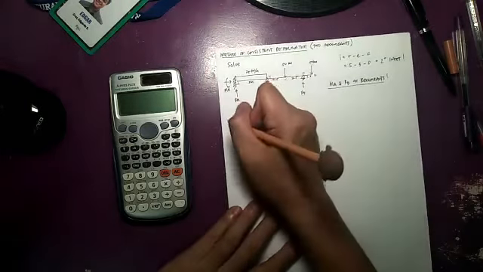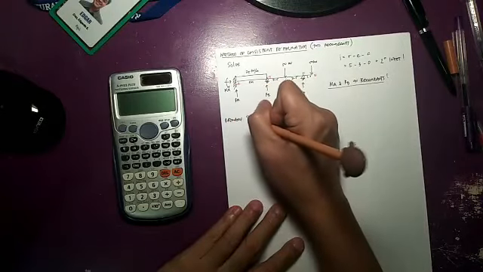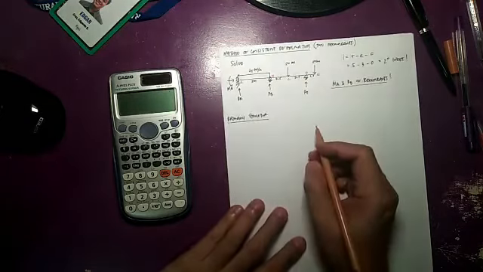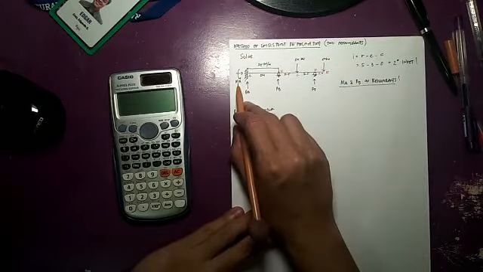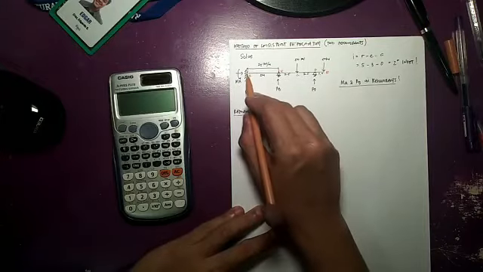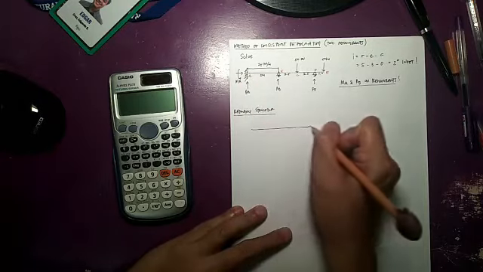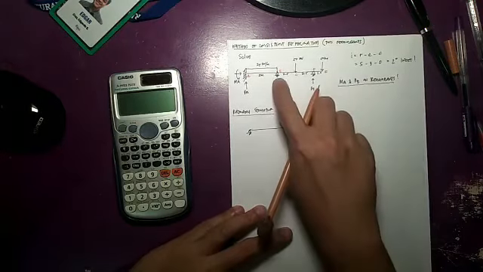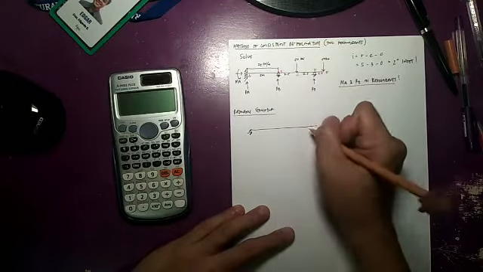First, we have to write the primary structure. Since I considered MA as redundant, I will remove MA, so there will be no moment, and that will make this a pin. RB is another redundant, so I'll be removing that roller, and the other roller will remain the same.